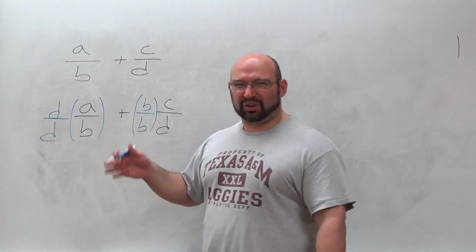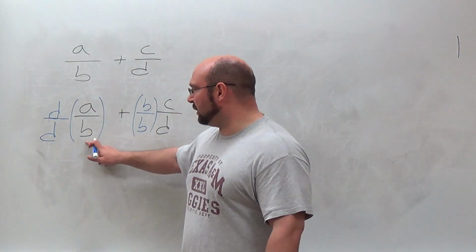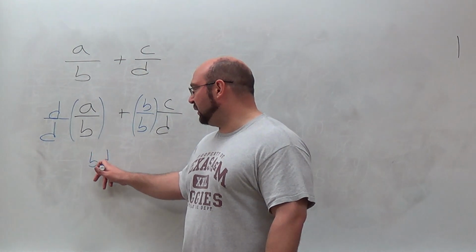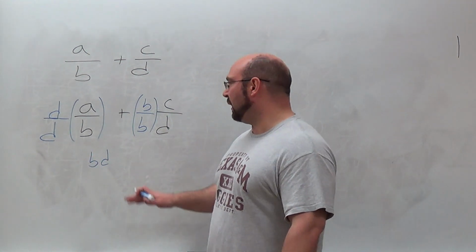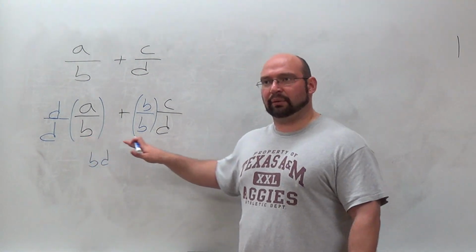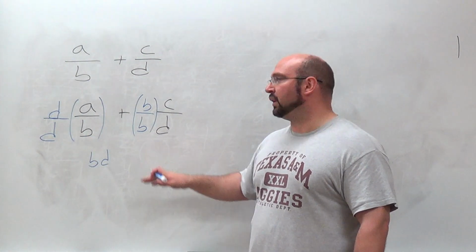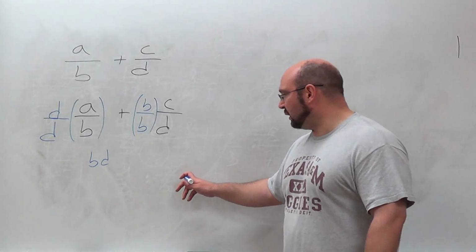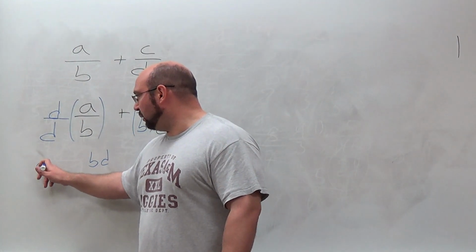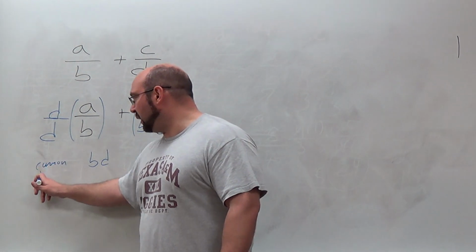Well, when I think early on, I know that D times B is simply BD, right? Note that I'm going to have common denominators now. All right? So what this does, it gives me, and this is my common denominator.